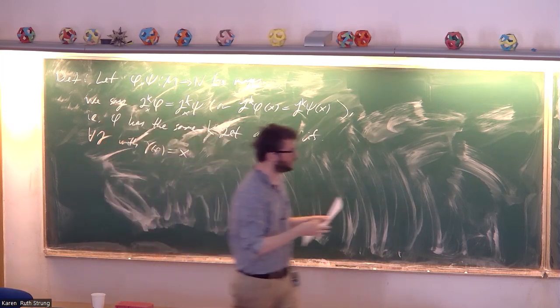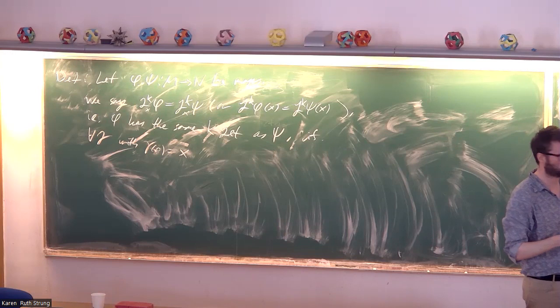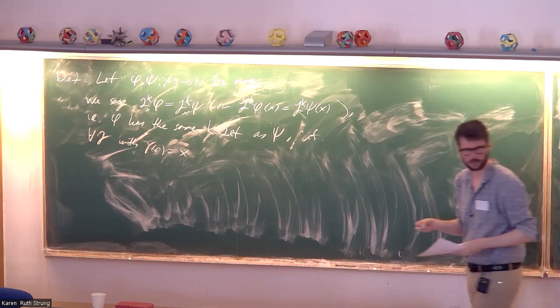Oh, yes, I forgot to say something about kth order contact. For order 0, alpha equal to 0, this just means that the curves have the same value at 0. So that's implied by having kth order contact, or satisfying this equivalence condition. They both go to x.